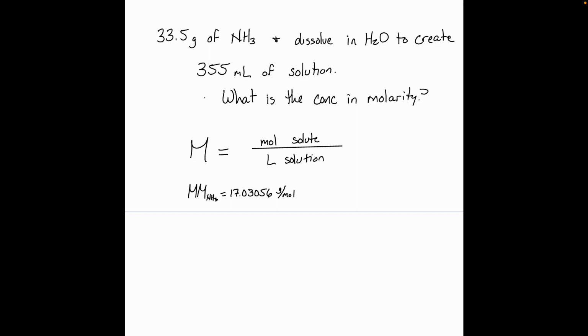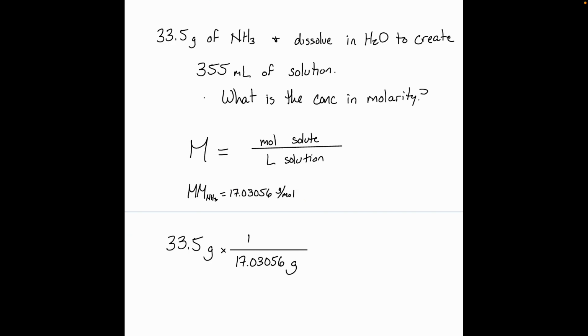All right, so how am I going to use my mass and my molar mass to convert from grams to mole? Remember, it's all about the units, all about setting this up in such a way that your units cancel out. I'm trying to cancel out grams, so I'm going to divide by that 17.03056.